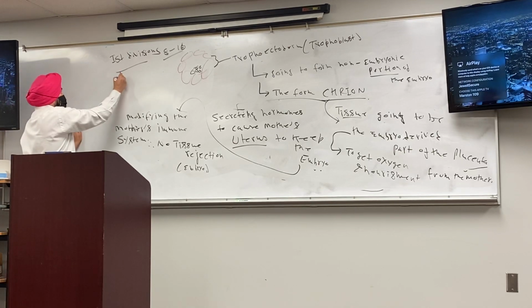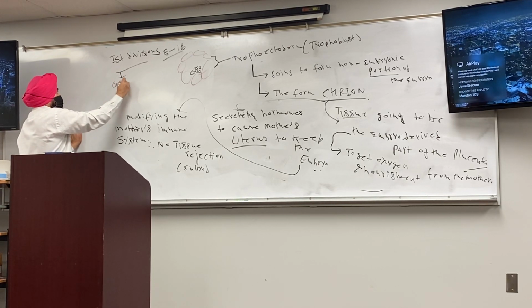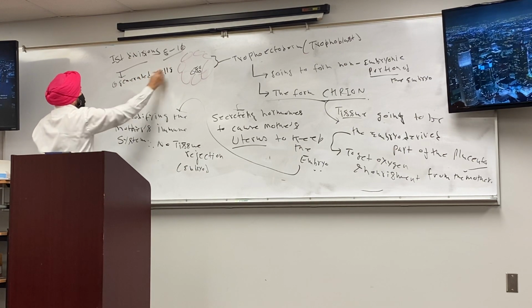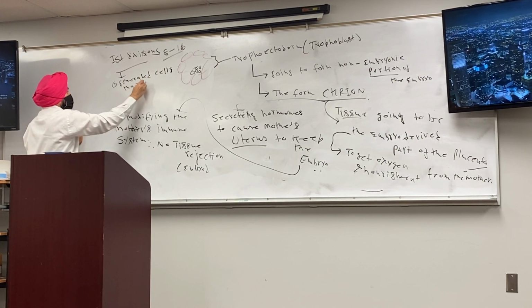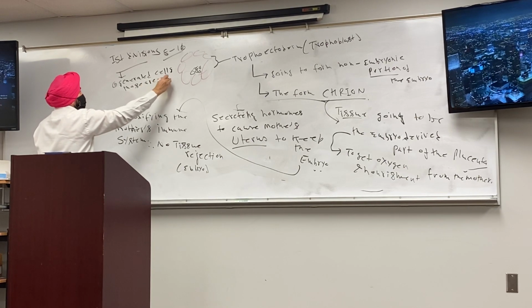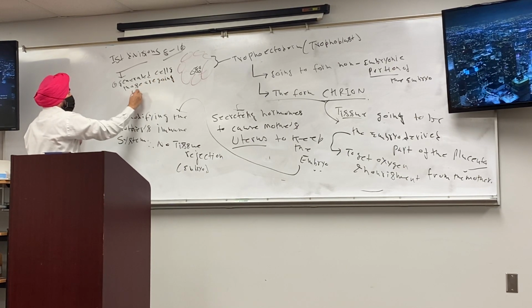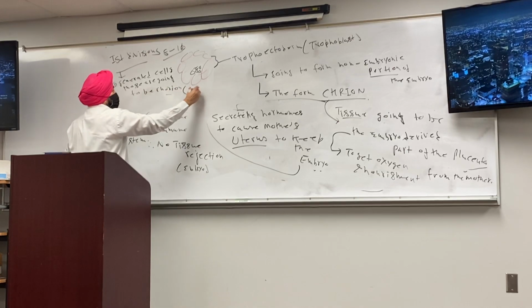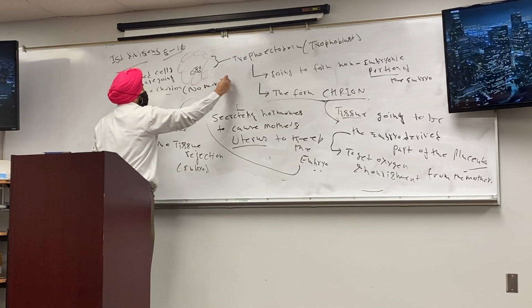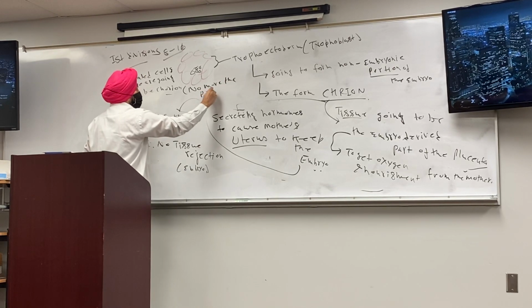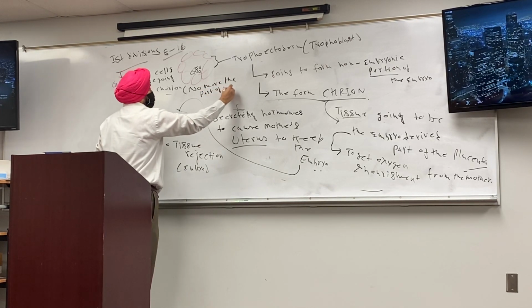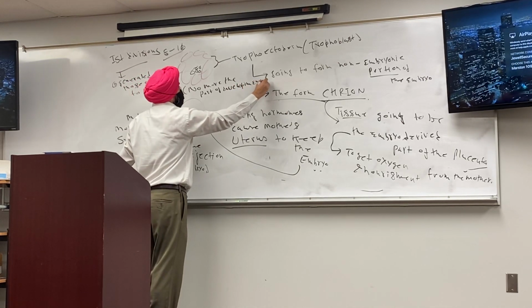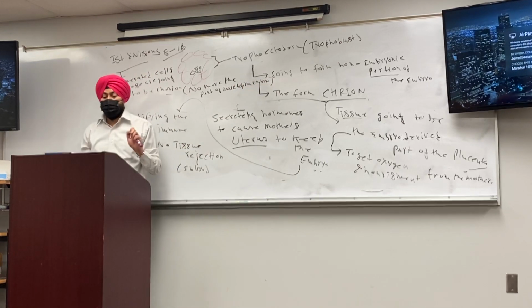You have number 1, generated cells. Those are going to be chorion. That means they are no more part of the developing embryo. They are no more part of the developing embryo, right?